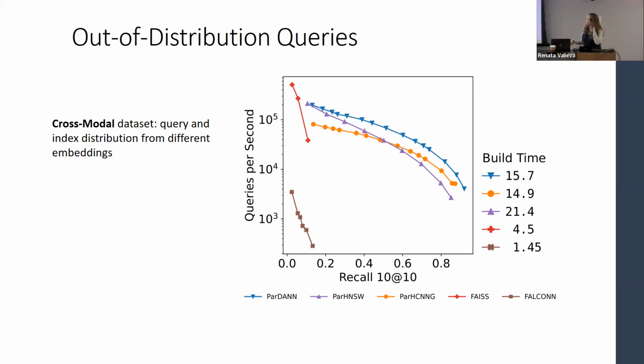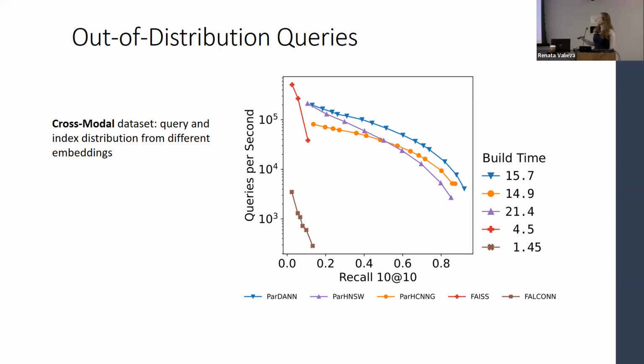So now I want to show you some actual results on how these algorithms do on real world data sets. This is an example showing out of distribution queries. This is what I mentioned earlier, one of the cases where locality sensitive hashing or other bucketing based algorithms don't seem to do very well because they're not tailored to the data set.